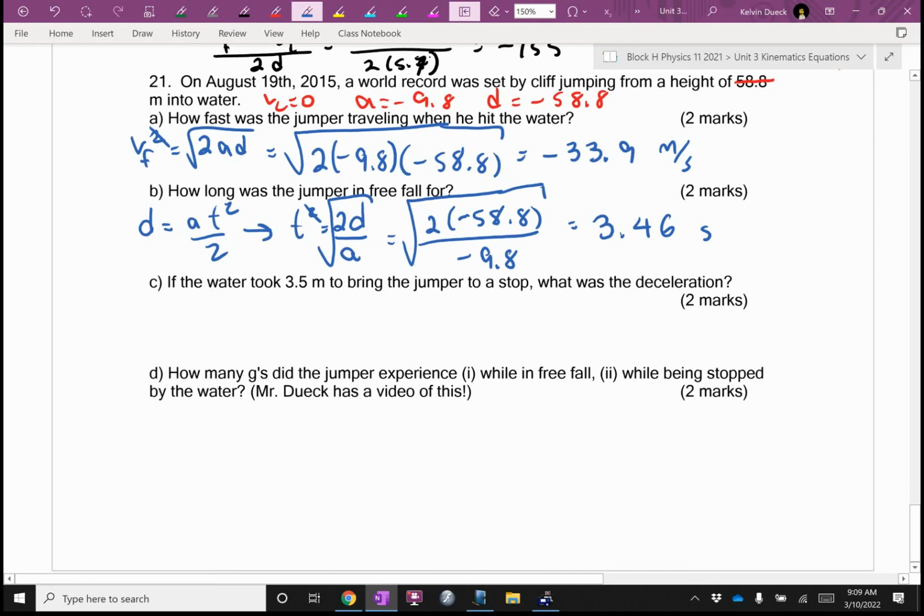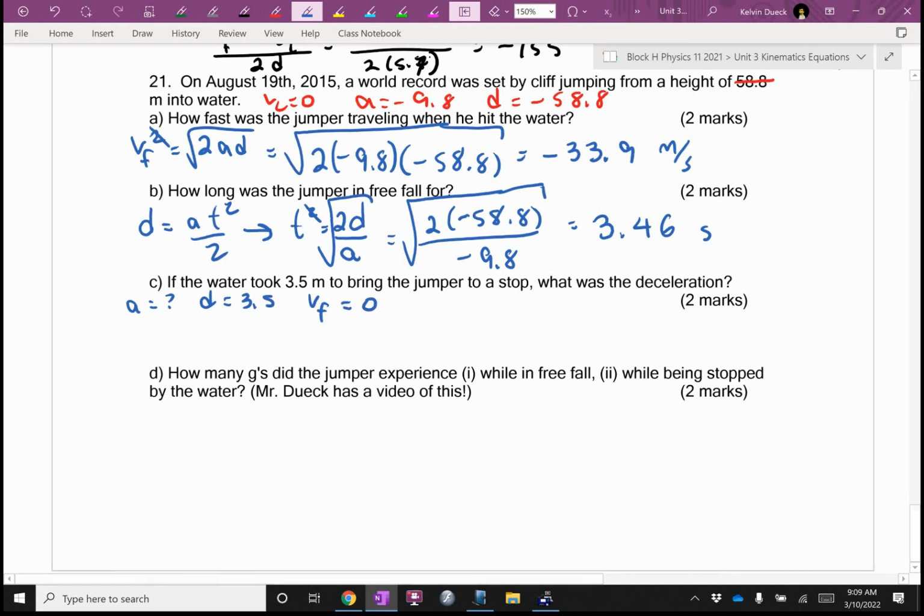If the water took 3.5 meters to bring the jumper to a stop, what was the deceleration? I think this is asking me to find the acceleration, but we'll get a negative answer because we're slowing down. So I went, okay, A equals question mark. Looks like D is 3.5. To a stop, VF is 0. That's only 2 things.